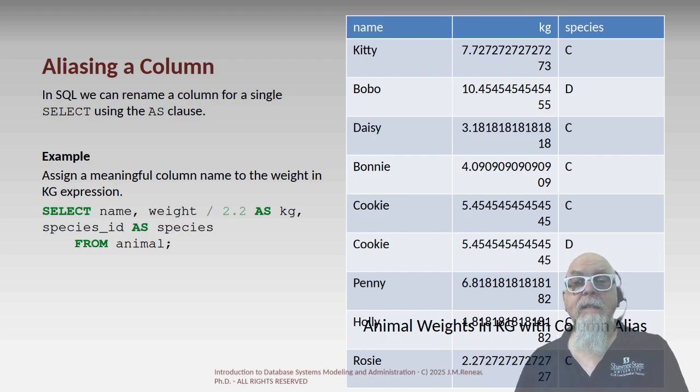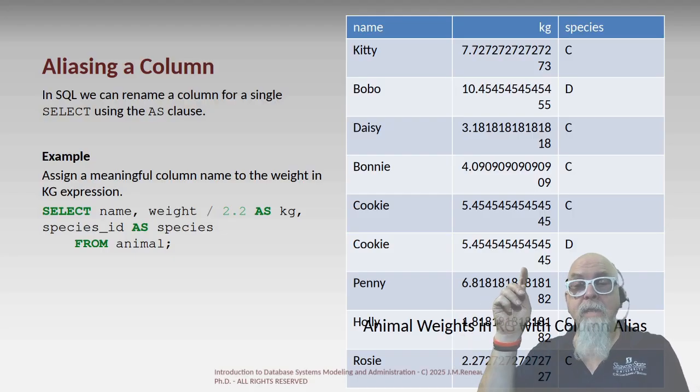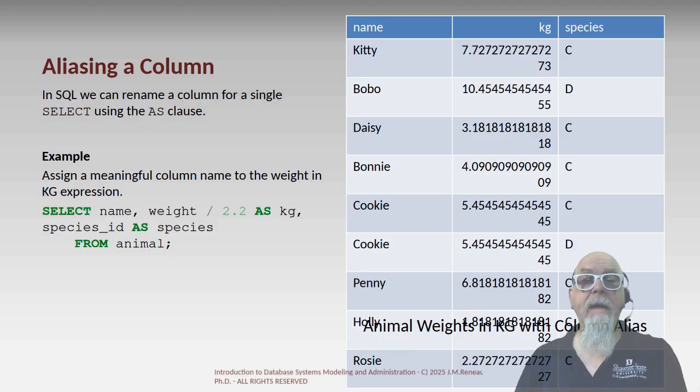So in our previous example of getting animals' weights in kilograms, I can say as kg in the select statement, and you can see that this column, instead of being called weight divided by 2.2, is now called kg. So we understand better what that column is by using the as clause and aliasing that column.